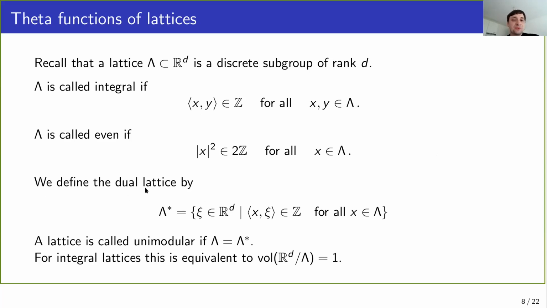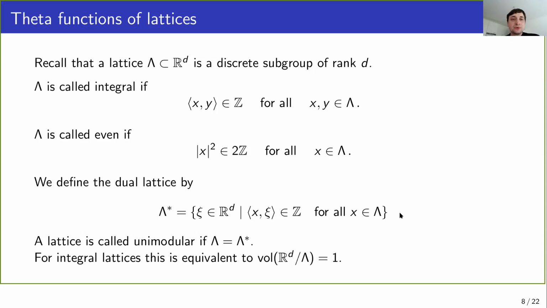And we define the dual lattice by the requirement that it has integral inner products with all the vectors of the original lattice. We call a lattice unimodular if it's equal to its own dual, and for integral lattices it's equivalent to requiring that the covolume is 1.